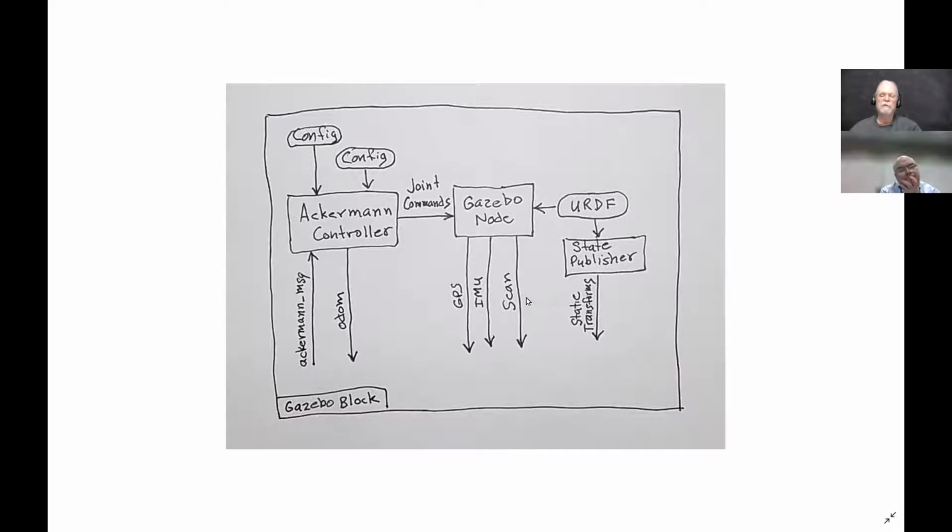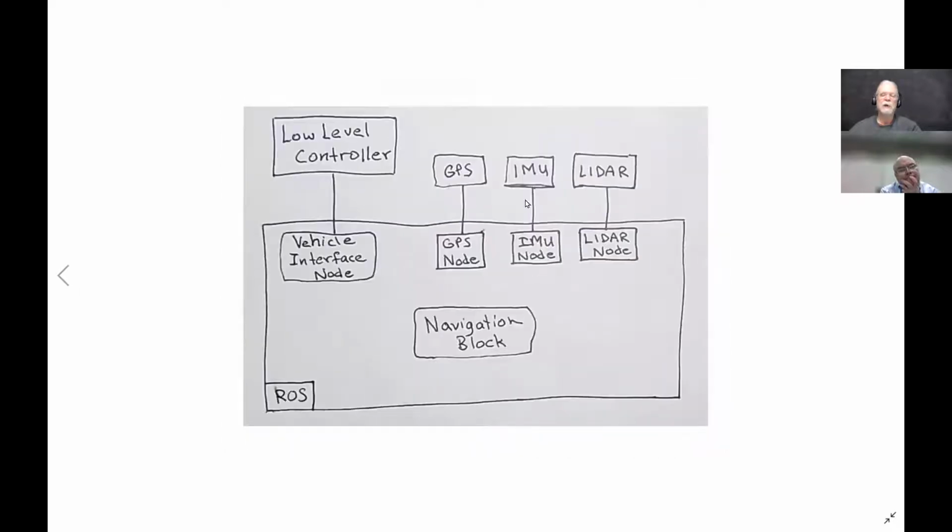And then one other thing, back to here where I said we got GPS, IMU, and LiDAR, and that's essentially the basic stuff for driving around outside. Outside, you use the LiDAR for just obstacle detection, so you don't run into things. If you're driving inside of a building, you would use your LiDAR along with AMCL, and it will take a laser scan and compare that to the map that you supplied.